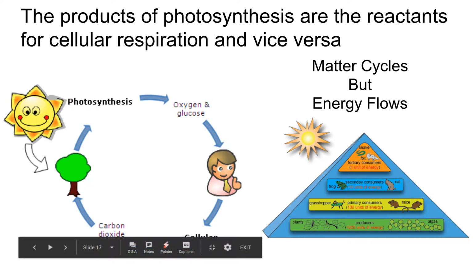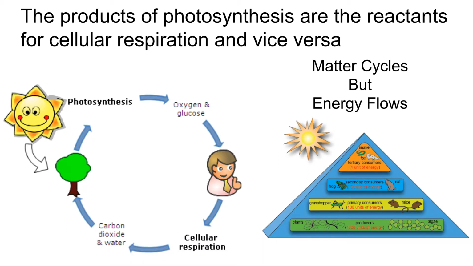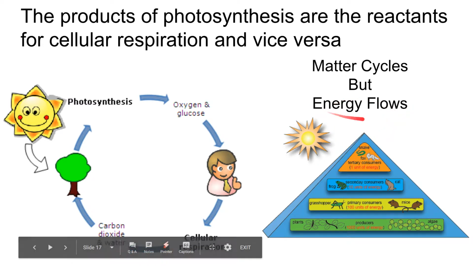So when we start transitioning from this energy to ecology, this is going to be a huge theme. We'll look at populations and how populations change, but when we start talking about ecosystems and organisms in the environment, we're really talking about how matter cycles, whether it's carbon, nitrogen, phosphorus, water, between the environment and organisms. And we're going to talk about how energy flows through food chains, food webs, and energy pyramids between organisms.